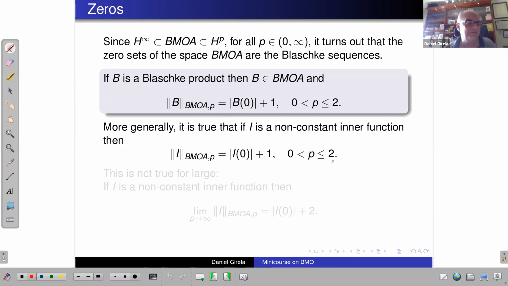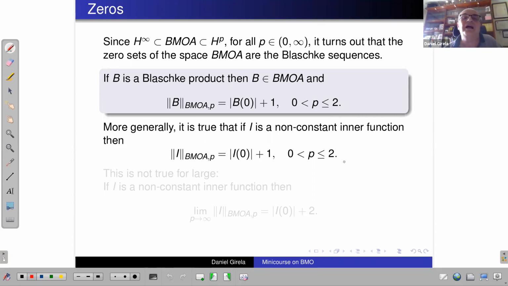I think that in June or July, Stamatis Pouliasis gave a talk, and he proved some result for the BMO HP norm for P smaller than 2, and the question for P bigger than 2 was open. He conjectured a bit, but it's open.